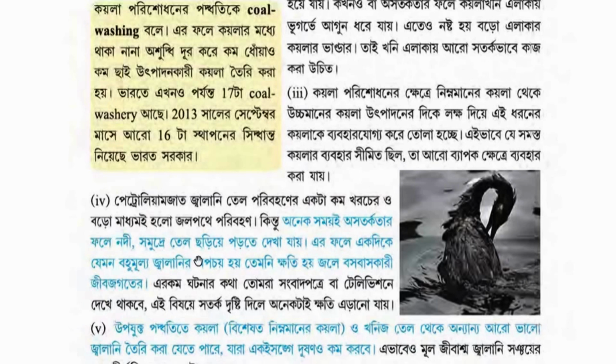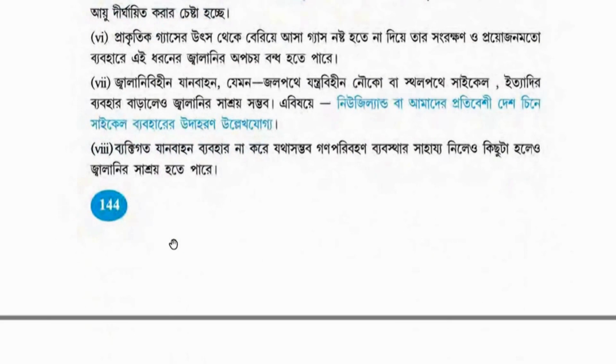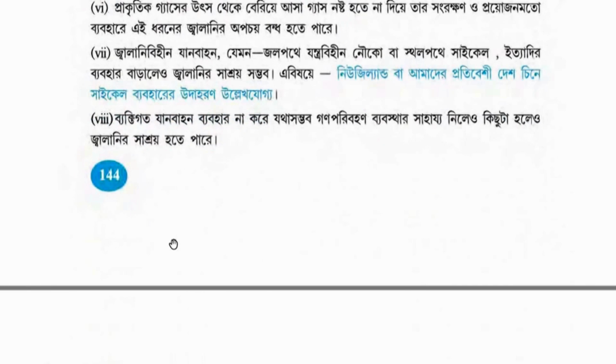The oil gets dissolved, gets sprayed in the water bodies, and it kills many aquatic plants and animals. It is a very cause of concern. You just read yourself, you can understand all these things. There are no technically very difficult issues here.